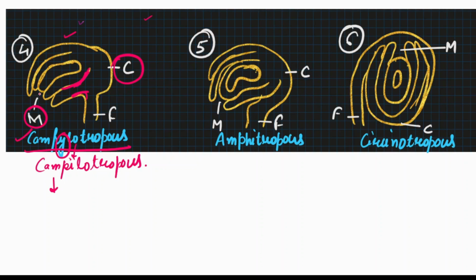So the micropyle end bends toward the lower side. The structure of the ovule is somewhat bent in nature because the micropyle and chalazal coordination is broken.